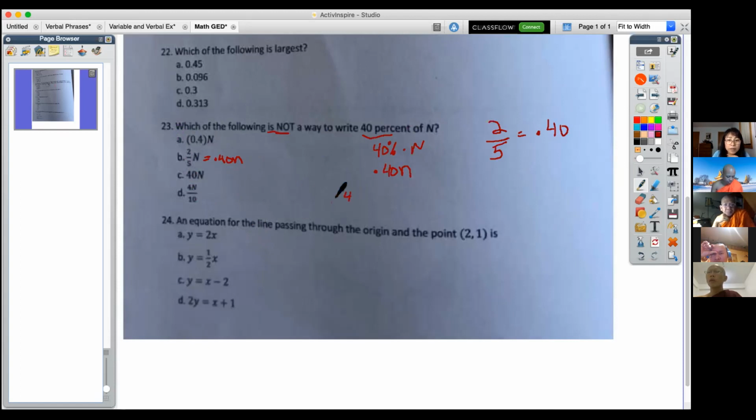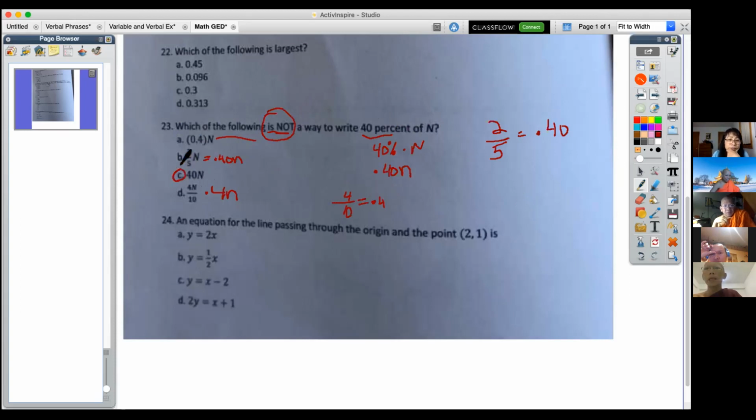What is 4 divided by 10? 4 divided by 10 is also 0.4, isn't it? So this one is 0.4n. So which one is not the way you write 40% of n? C, right? Yeah, C.